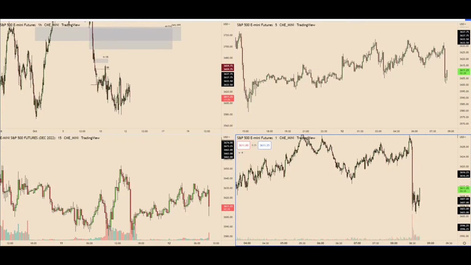Can't see the screen? Should be able to. Properly? What do you mean? I tried to cut off the tops and bottoms so it's less distracting. Sort of a blur. Should be alright.